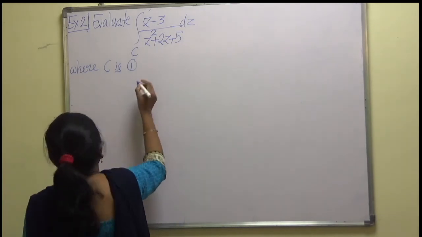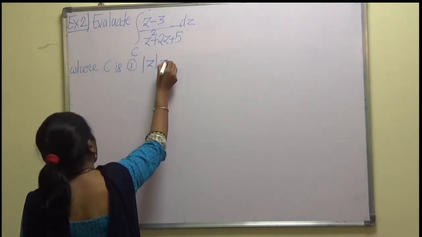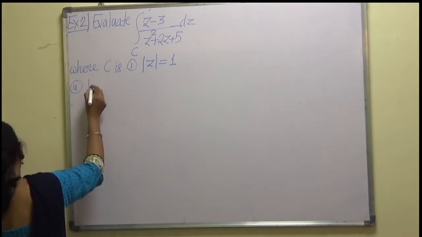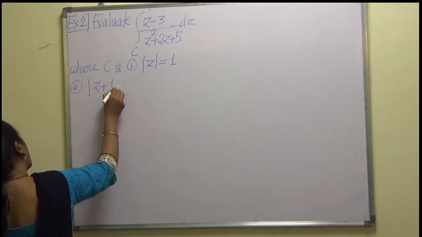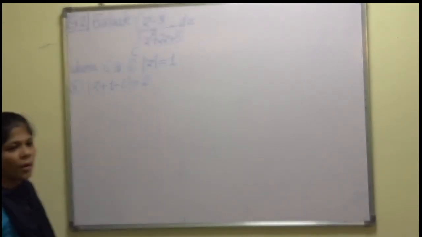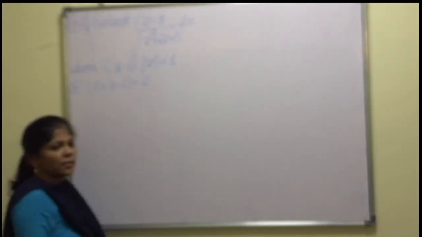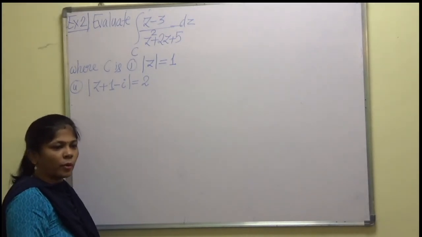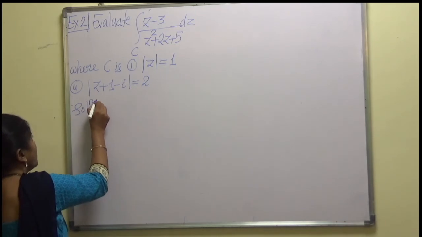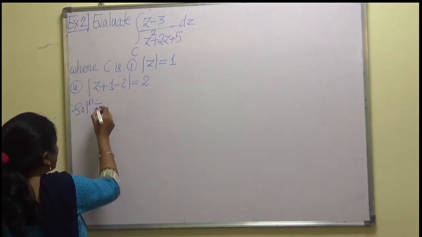The first curve is mod of z equal to 1, the second is mod of z plus 1 minus I equal to 2. So on these two different curves we will find out the value of this integral. So, solution. Again we will consider the first curve.